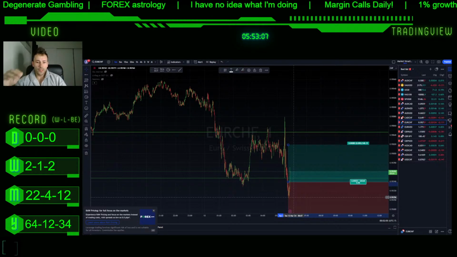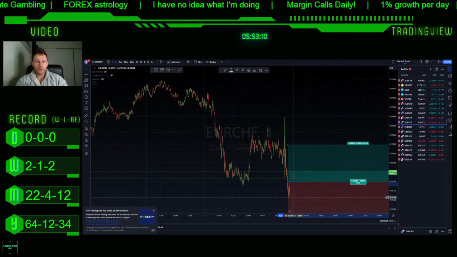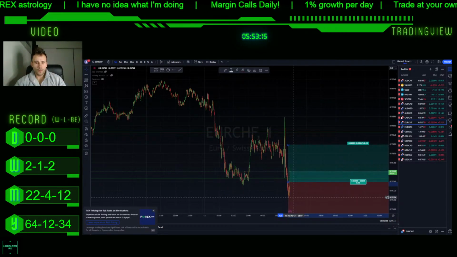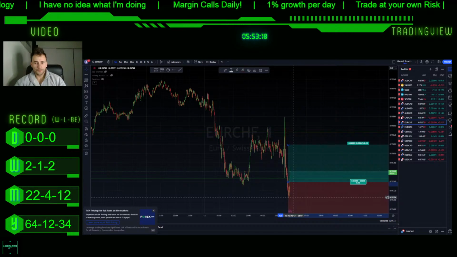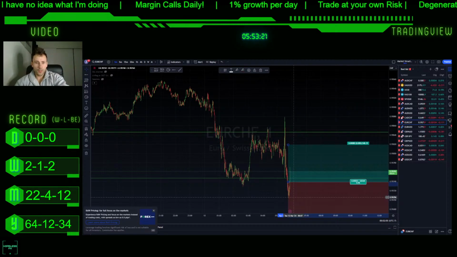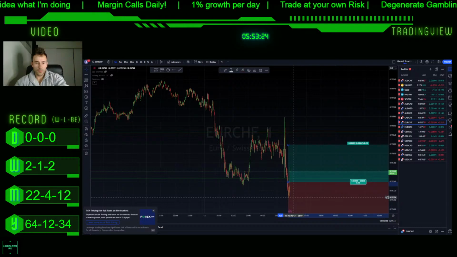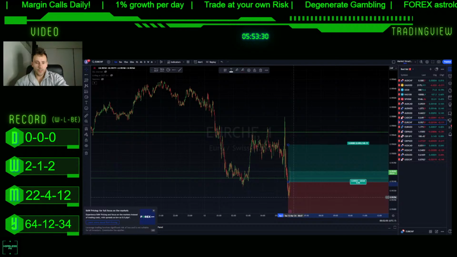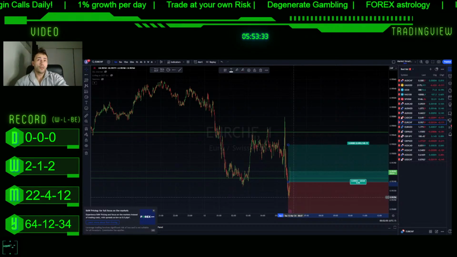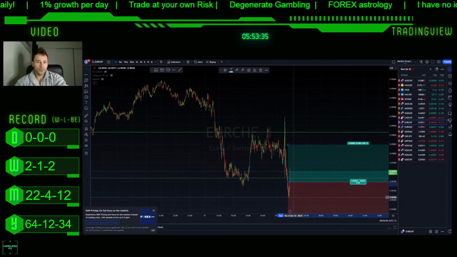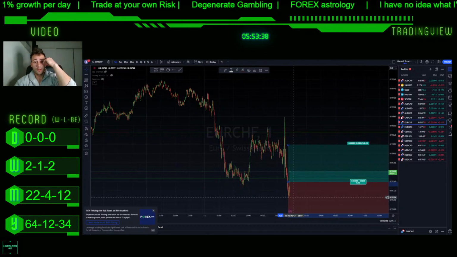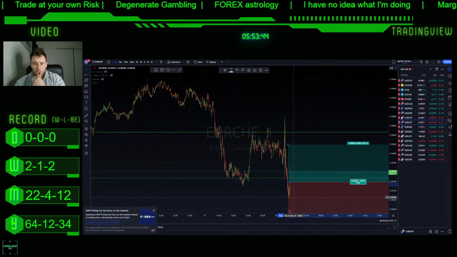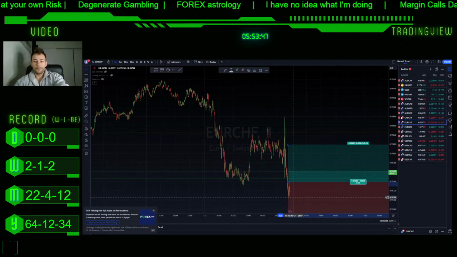Goal is then to get out at 020. And then we're aiming for 8 on EURCHF. We got in about 740, so 820. That looks about right.